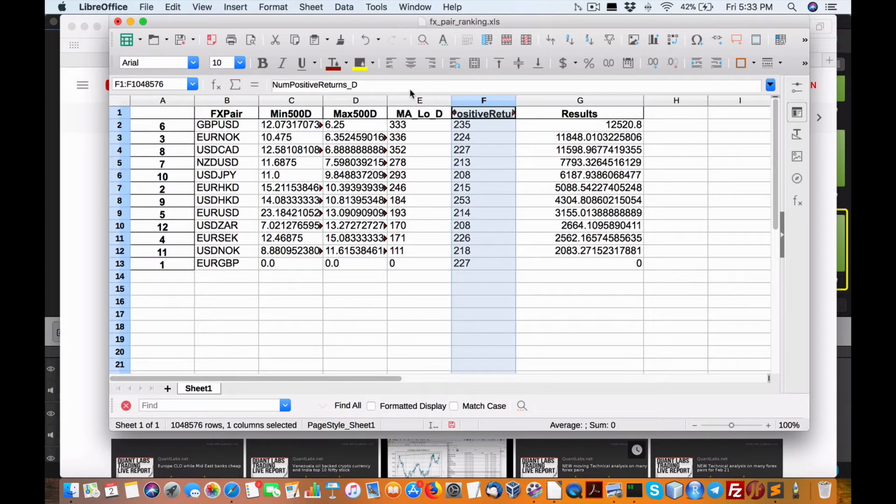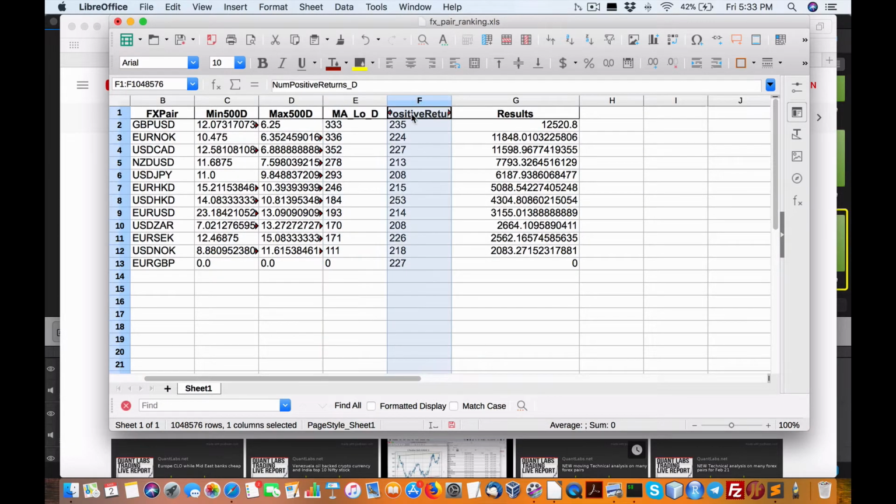And then we also combine that with the moving average long with the 200 crossing over the 50. I could also throw in the moving average short as well, which is basically measuring when the 50 crosses the 20, if I want. And then the positive returns, number of returns versus over 500 that are more positive. As a result, this is what's generated in this order because I've already ranked it based upon this score.